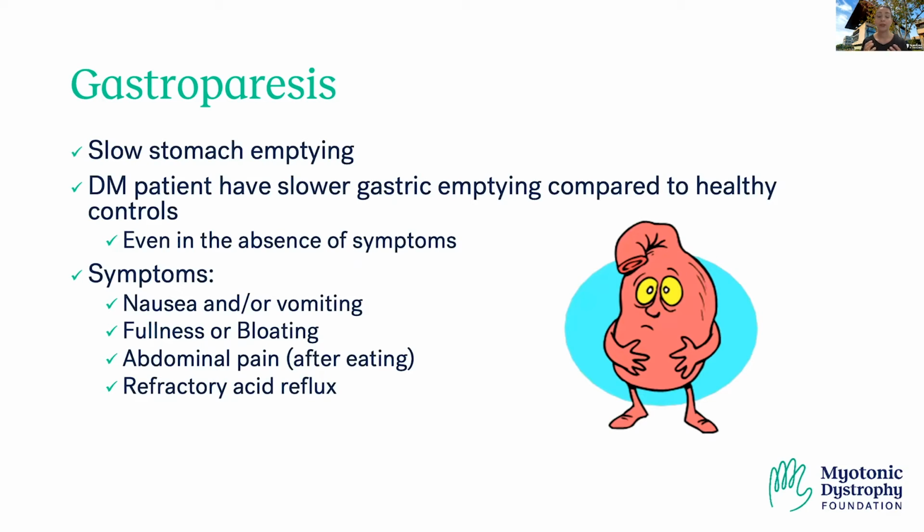And if these contractions are impaired and are floppy, basically this is what we see to cause abnormal delay in the gastric emptying. And the symptoms that we hear commonly from our patients include some degree of nausea, vomiting, feeling full quickly after they eat, and sometimes heartburn as well.